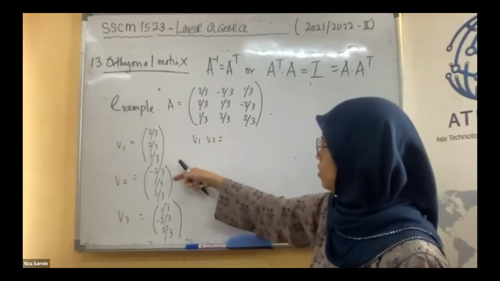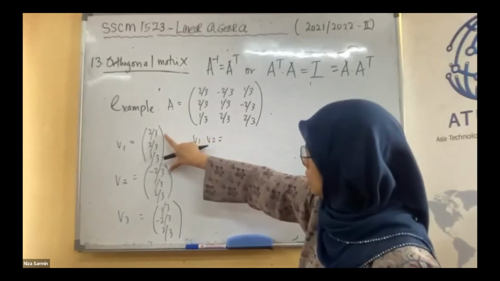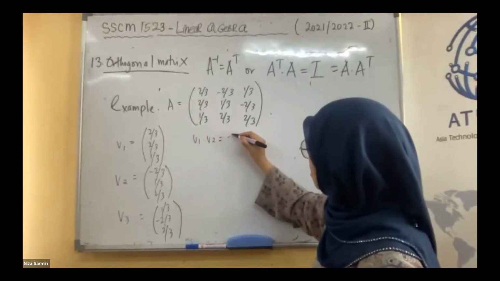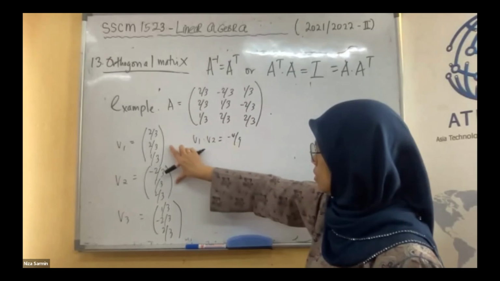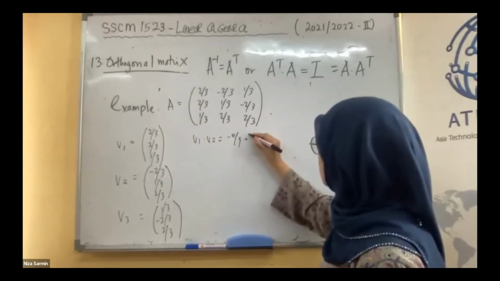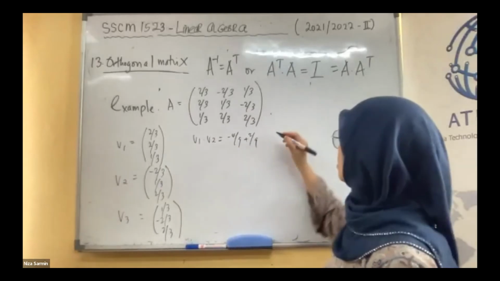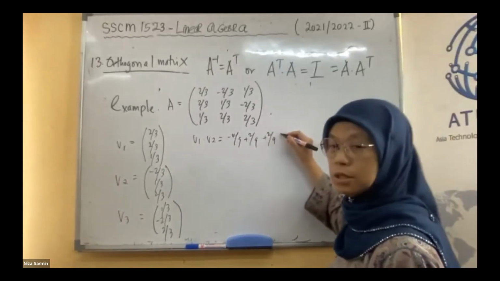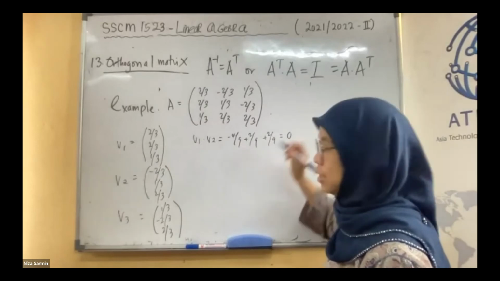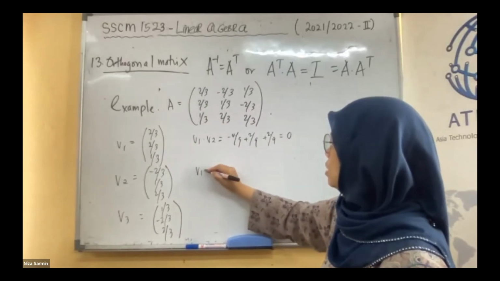So V1 dot V2 is, you multiply this, negative 4/9 plus 2/9 plus 2/9, which is equal to 0. All right. Then you check V1 dot V3.